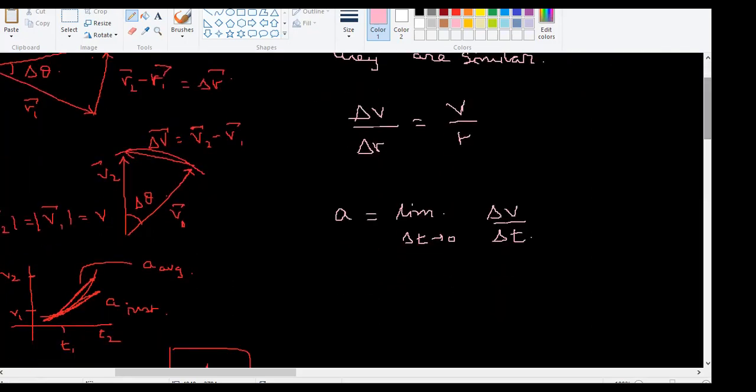So delta T is kept as such. So I'm taking this as V by R. So from here I'm going to write delta V can be written as V into del R divided by R. So in place of delta V, I'm going to write this. And the delta T is as such.